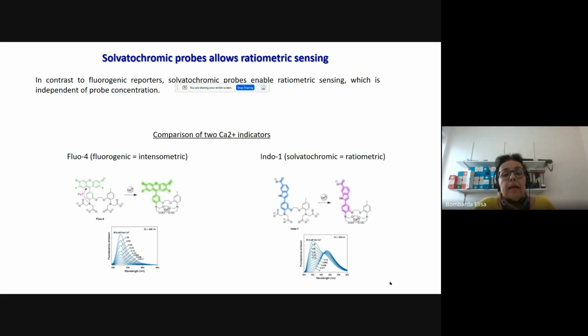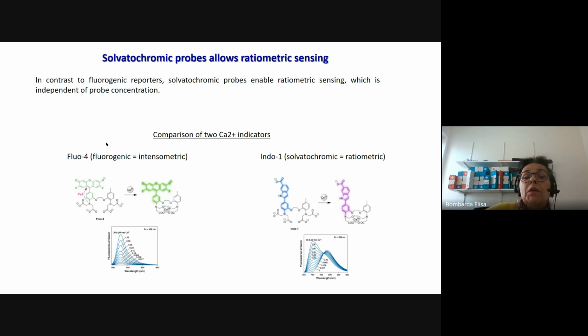So another example of probes are the solvatochromic probes that allow ratiometric sensing. In contrast to fluorogenic reporters, which we saw are characterized by an increase of fluorescence, or let's say off-on switching, practically fluorogenic reporters are switched on by the mechanism that we want to study.